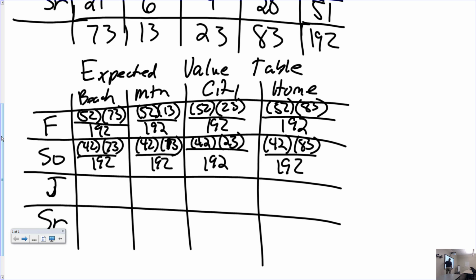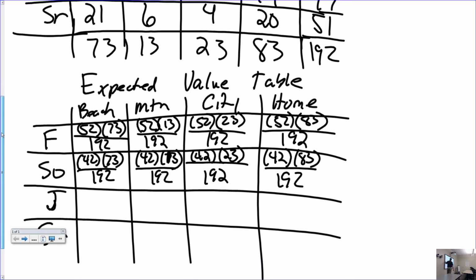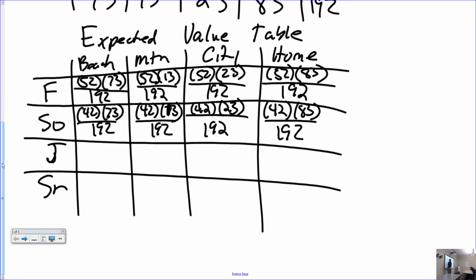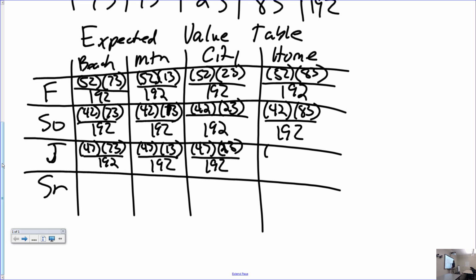So that one number is what's going to change every time. Now it's going to switch to 47, but all the other numbers stay the same, right? So 47 times 73 over 192. 47 times 13 over 192. Etc., etc. 23 over 192. 47 times 83 over 192.